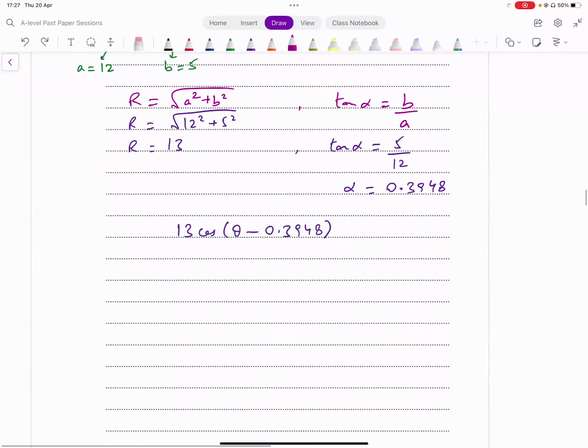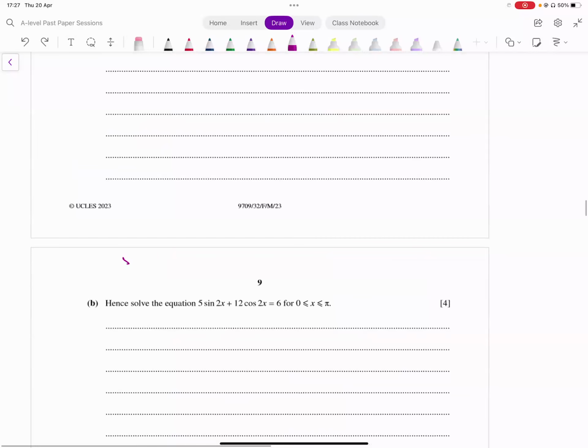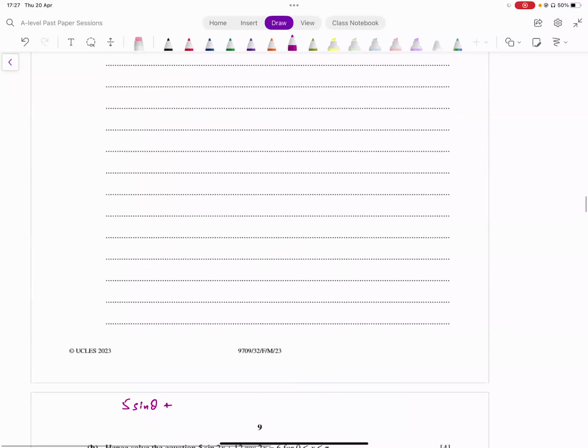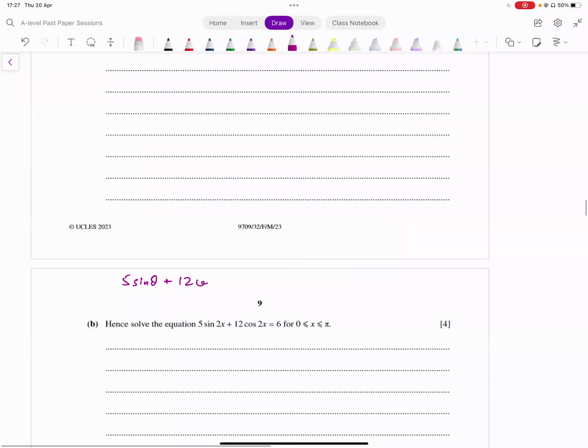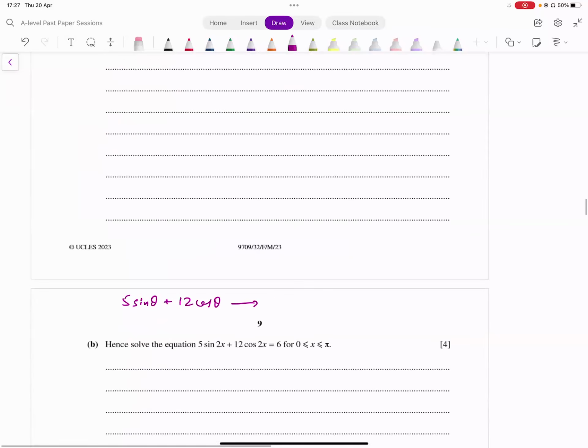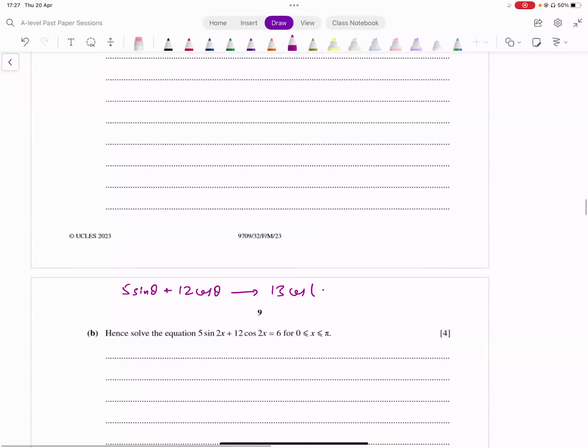First part में आपने किया ये है कि आपके पास ये expression था 5 sin theta plus 12 cos theta, इसको आपने कन्वर्ट कर लिया है इस फॉर्म में 13 cos of theta minus 0.3948.